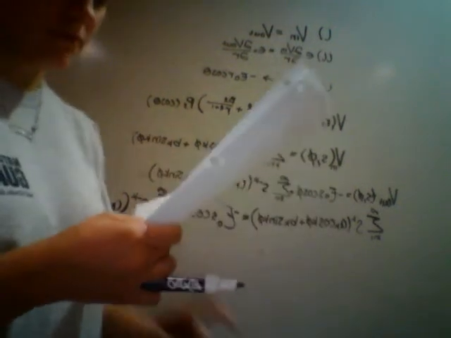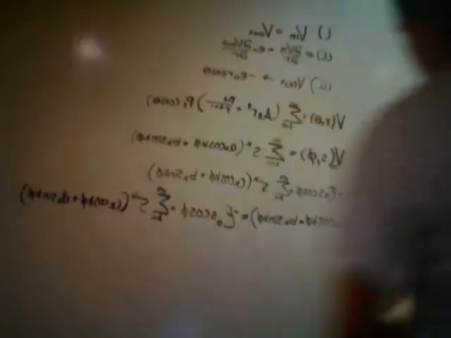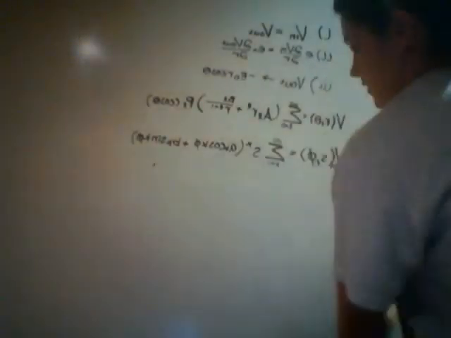I'm going to erase some of this so we can have room on the board. We're doing the second boundary condition and taking the partials of each side of V in equal to V out.